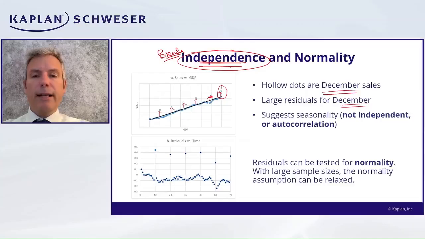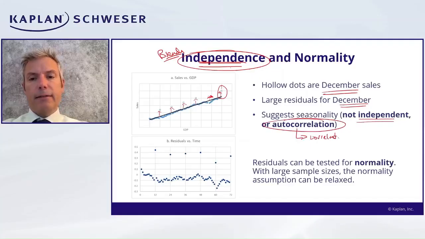It's very common for retailers, many sorts of businesses, that we do get higher sales in December, of course, the holiday season. By the way, this breach of independence is referred to as autocorrelation. This is where a data set is correlated with a lagged or past version of itself.